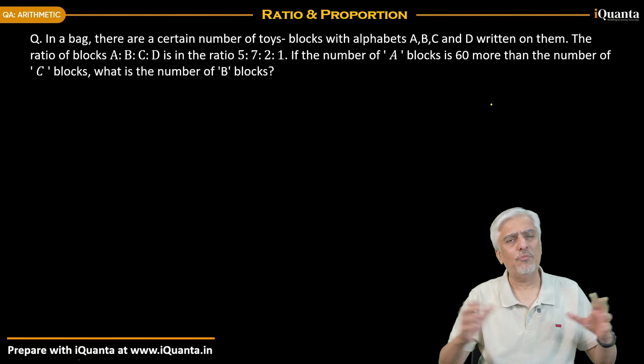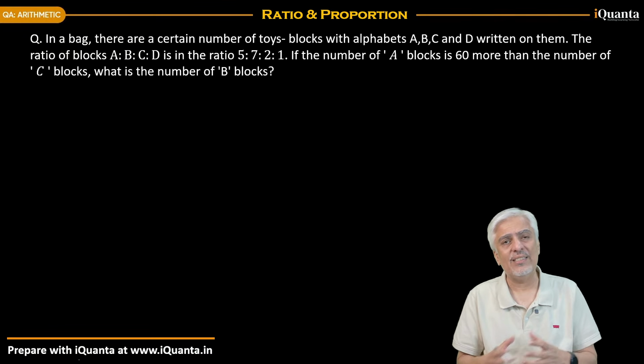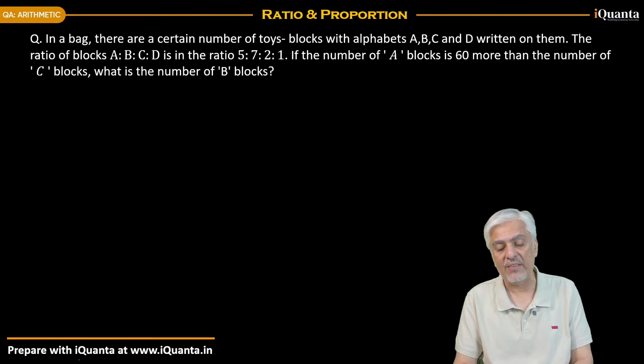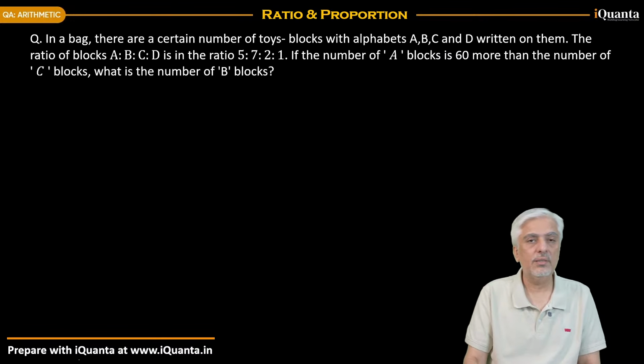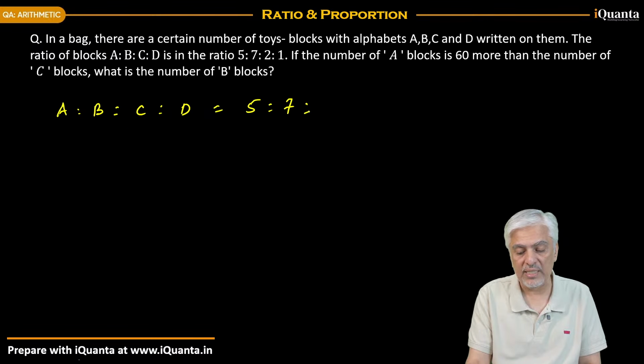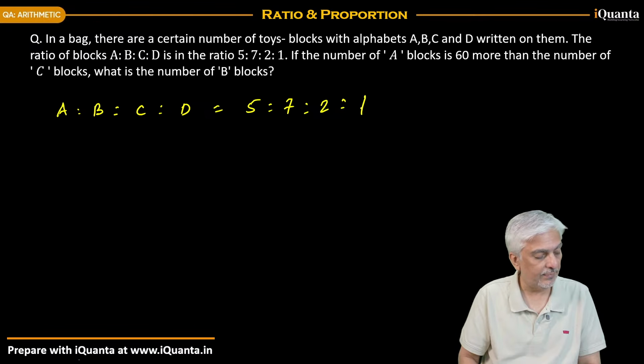So there are a lot of toy blocks where A is written on some, B is written on some, and so on. And the ratio of the blocks with A, B, C, D written on them is 5, 7, 2, 1. If the number of A blocks is 60 more than the number of C blocks, what is the number of B blocks? So A ratio B ratio C ratio D is 5 ratio 7 ratio 2 ratio 1.